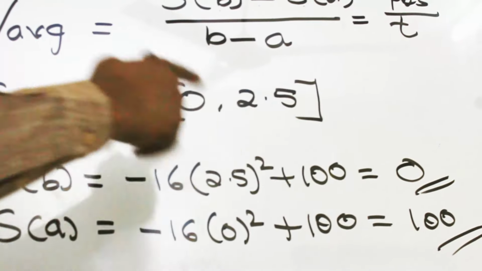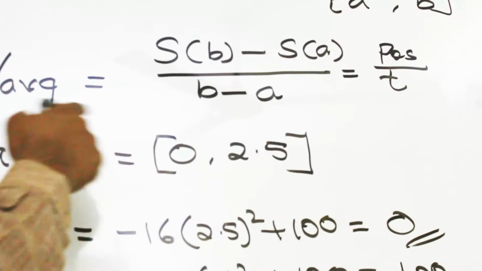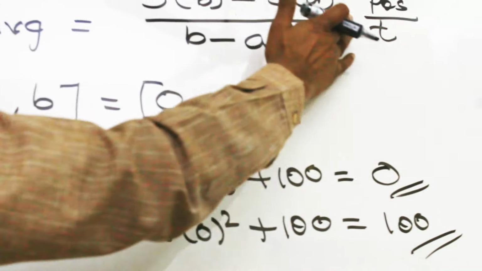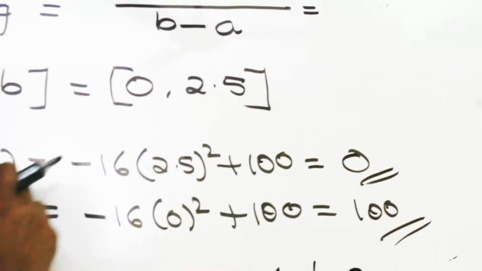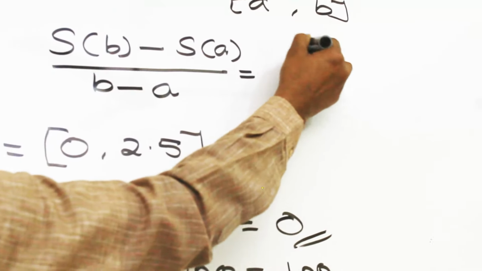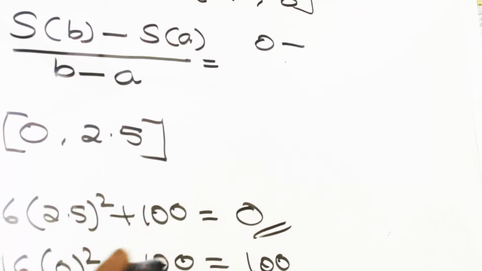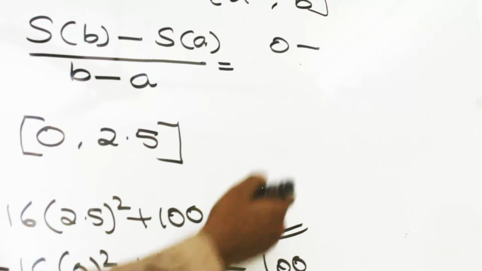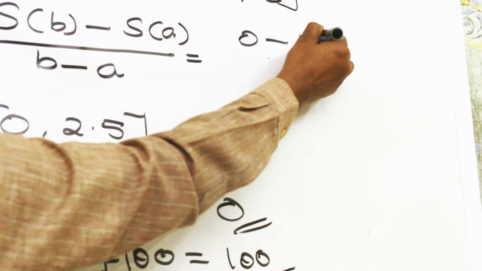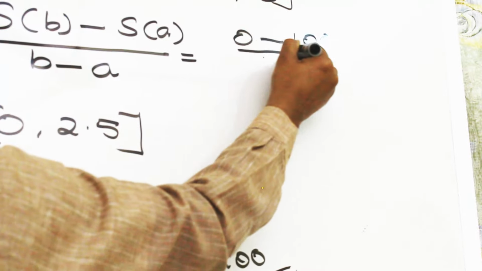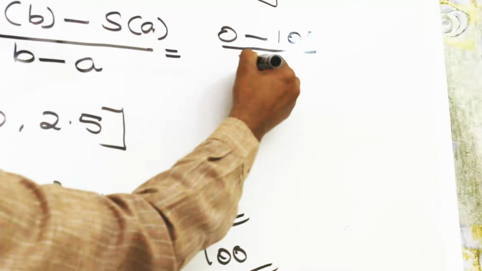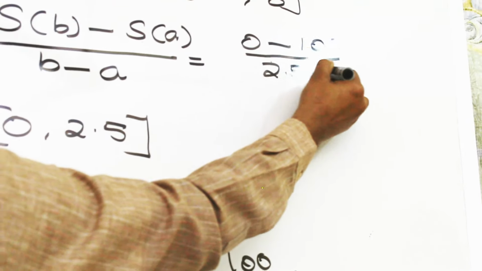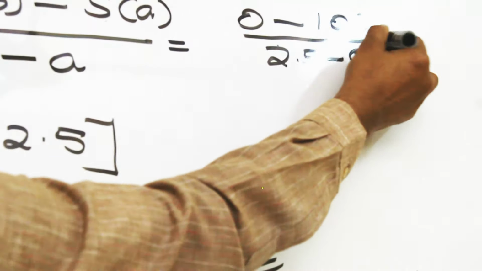Then I am putting these values here to find the V average. So this is equal to S of B, which is 0, minus S of A, which is 100, divided by B minus A. B is 2.5 minus A, which is 0.